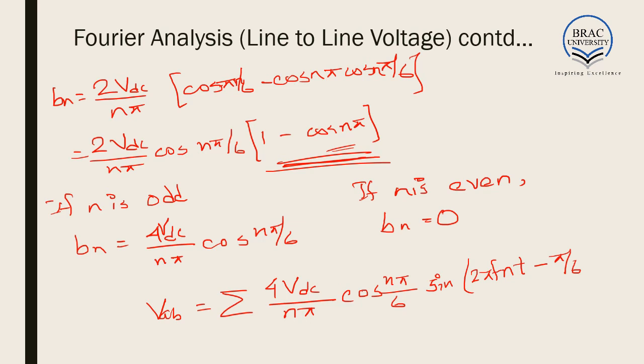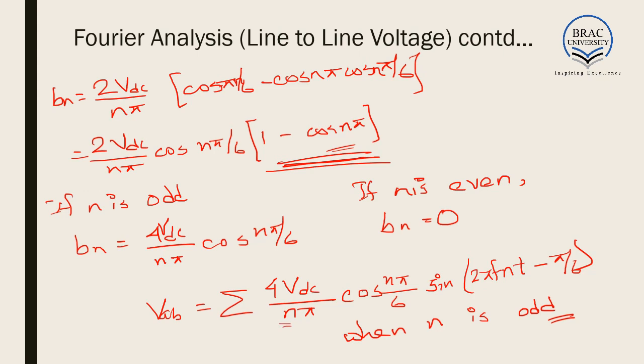Why are we writing minus pi by 6 here? Because we have shifted the whole curve by pi by 6. And this is true when n is odd.